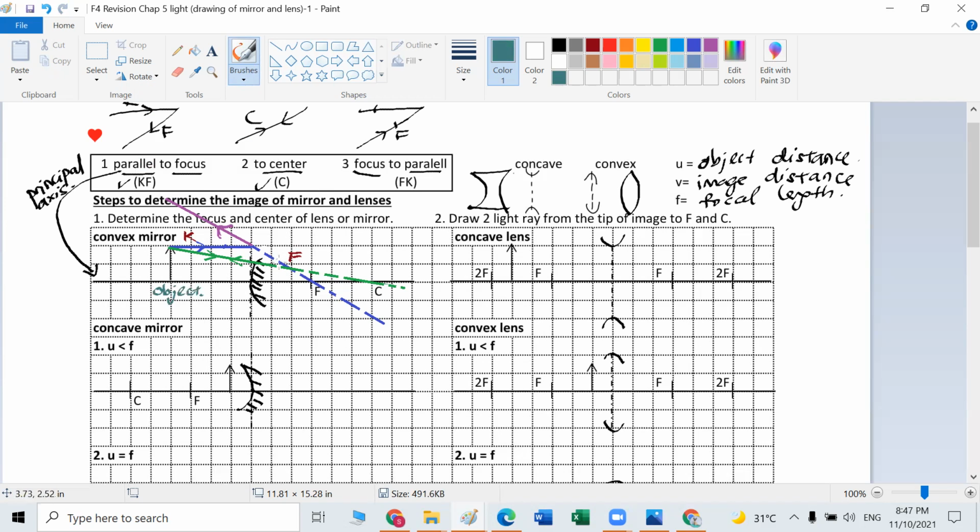So the image will be the intersection of these two lights. Okay, so you can see the image is here. Okay, dotted line.